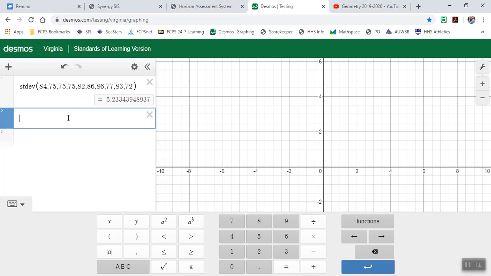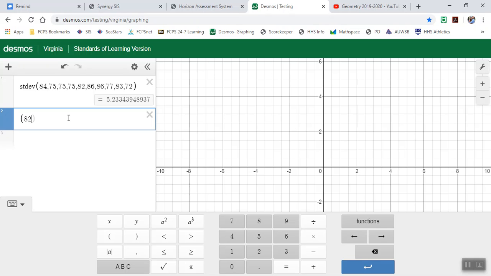Then I'm going to click in the second box, and my z-score formula is z equals x, which is your data point, minus the mean, divided by the standard deviation. We're not going to type in z, but I'm going to start by making a parenthesis. I already told you guys that my data point was March 21st, when it was 82 degrees.